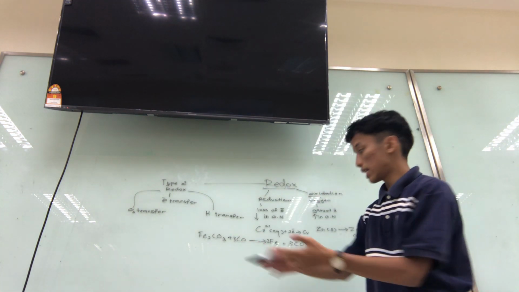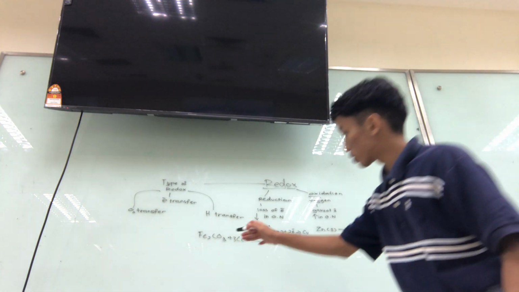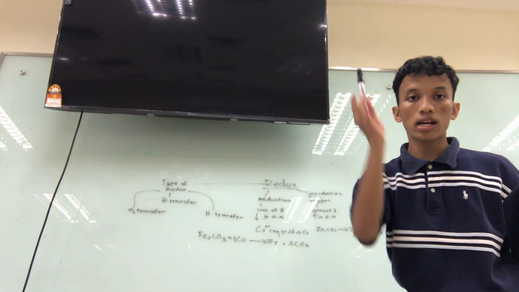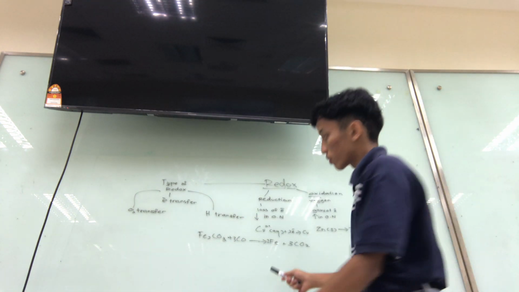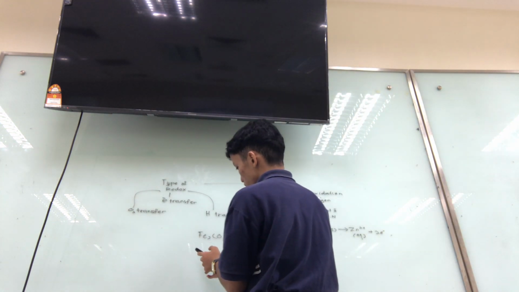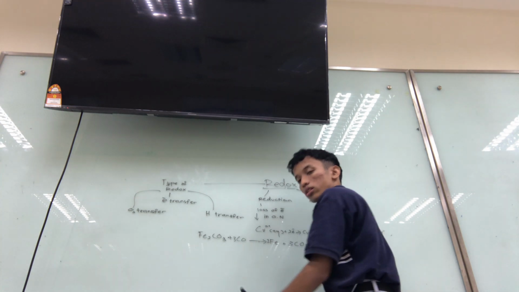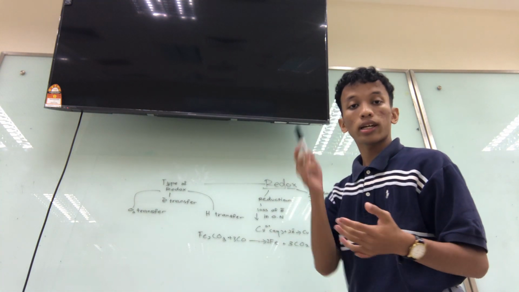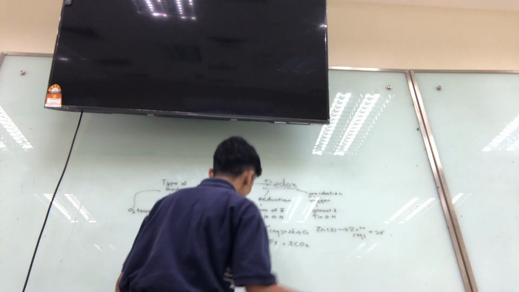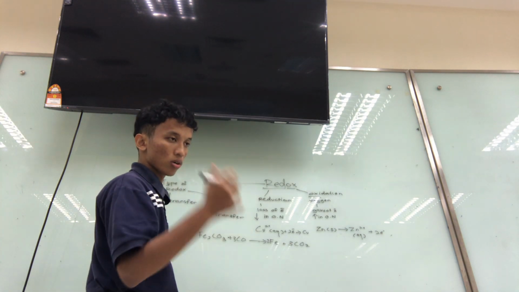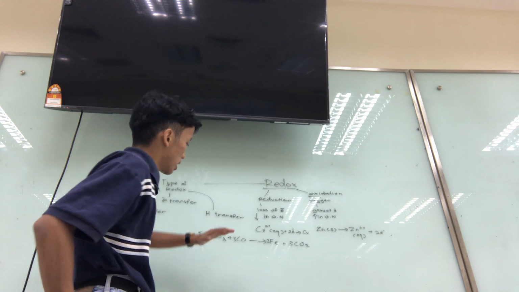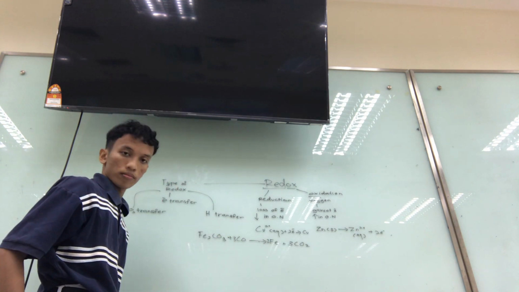In this reaction, carbon monoxide is going to be the reducing agent, and iron 3 oxide is going to be the oxidizing agent.